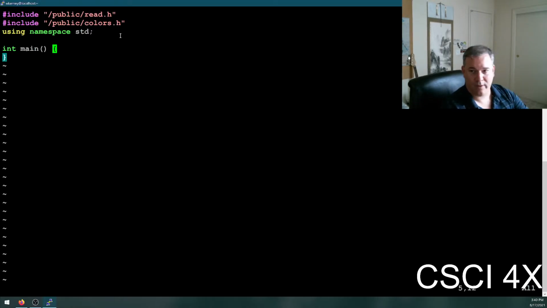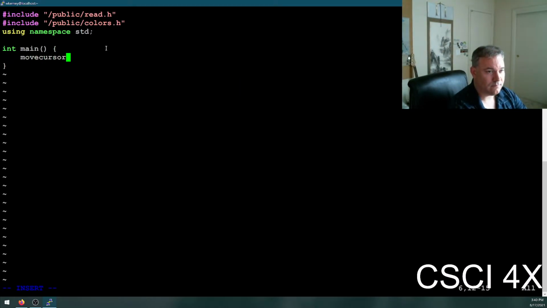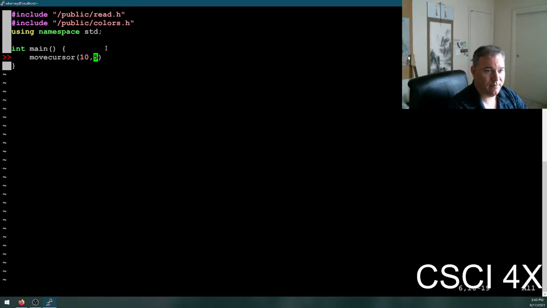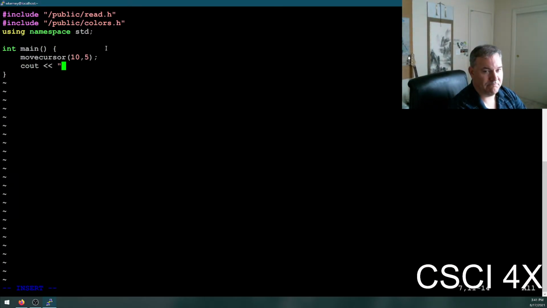Anyway, the way my colors library works is you can move the cursor, and it takes a row and a column. So if we move it to row 10 and column 5, we can then output hello world.